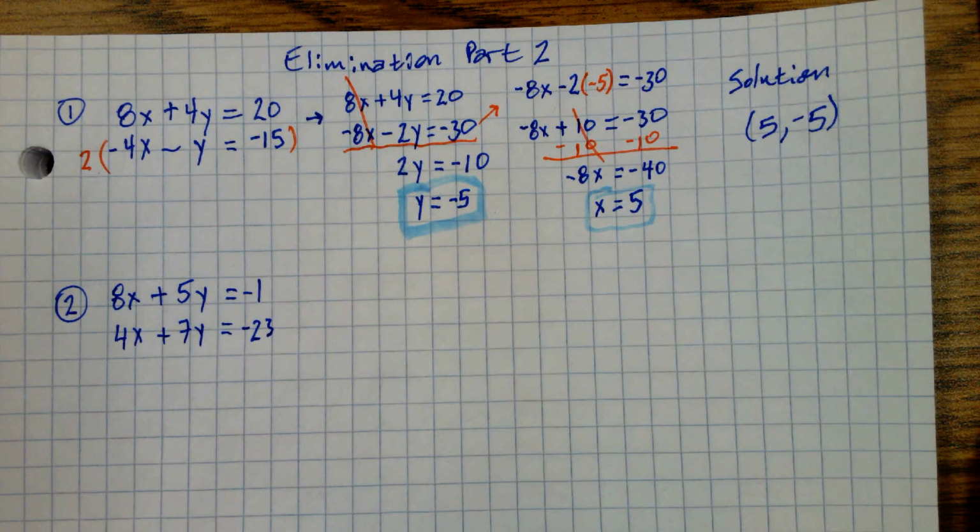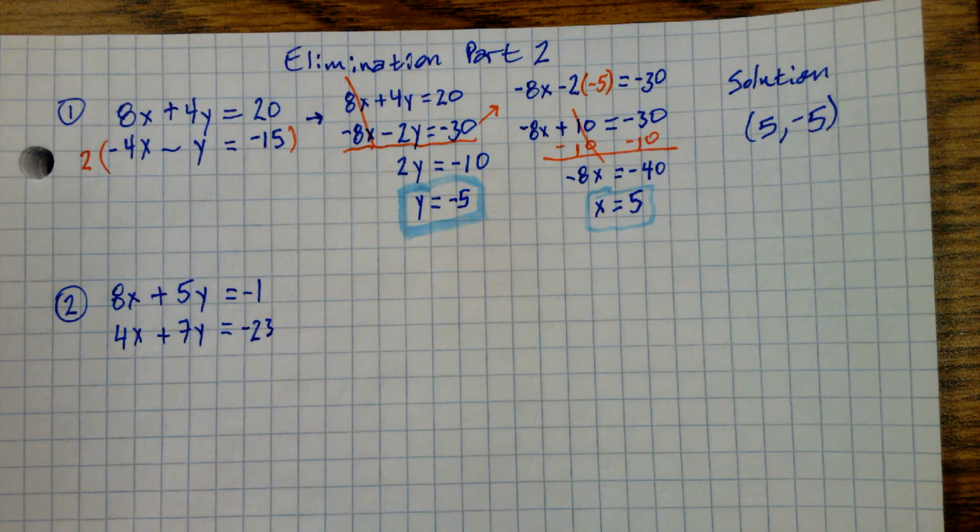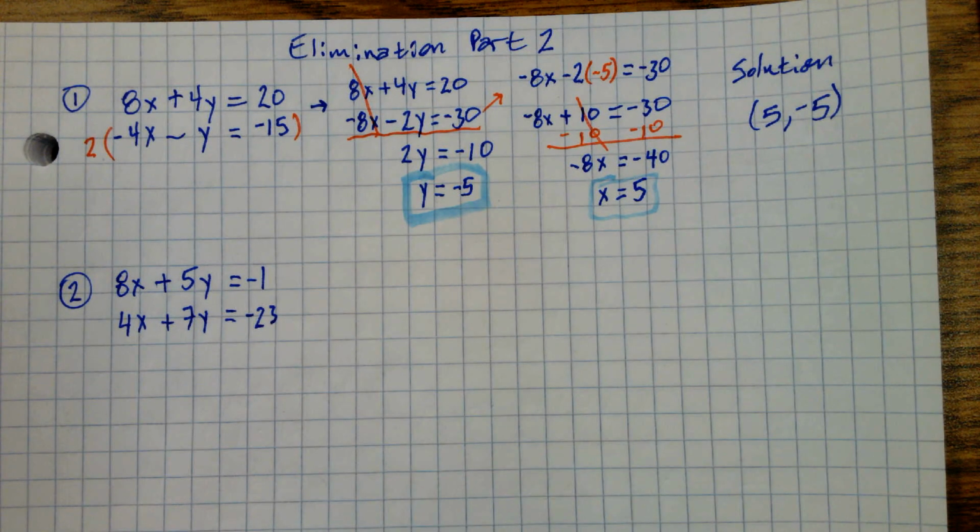Okay. Now, let's take a look at this. And I think there's one that's real easy to just multiplying one number and it would get you to eliminate one of the variables. The other one is much harder.